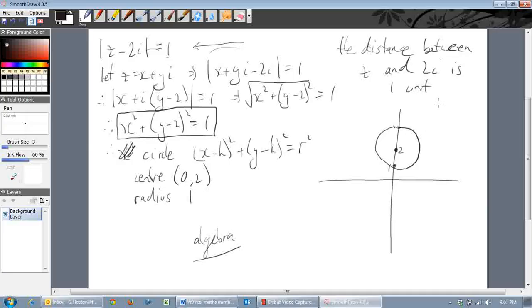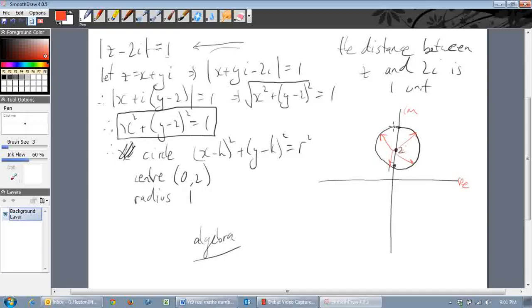Let's have a look at this graph. Here's 2i, that's the point 2i, because this is the imaginary axis and that's the real axis. The distance between 2i and each of these points is equal to 1, because that distance is 1, that distance is 1, that distance is 1.